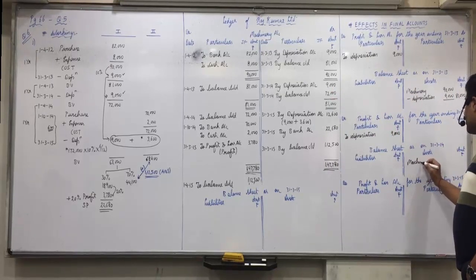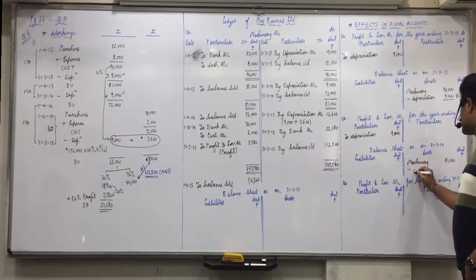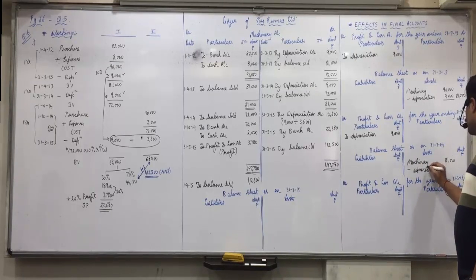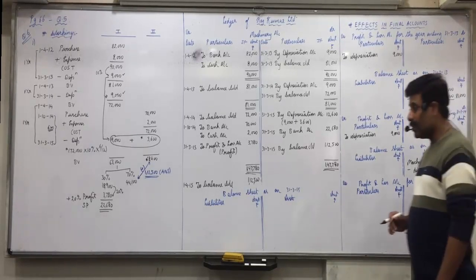So machinery 81,000 minus depreciation 9,000. So outer column 72,000. Is everyone able to understand it? Yes. Now third year, be attentive.